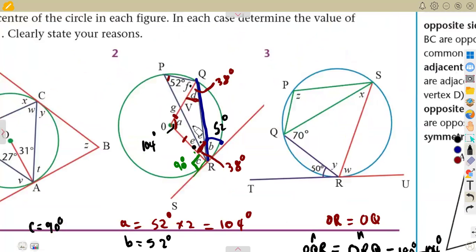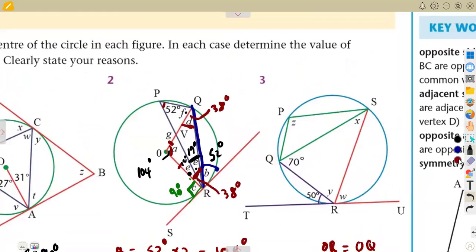So this angle at E is going to be 19 degrees, the same as this one. So if this angle E is 19 degrees, we can find angle F.